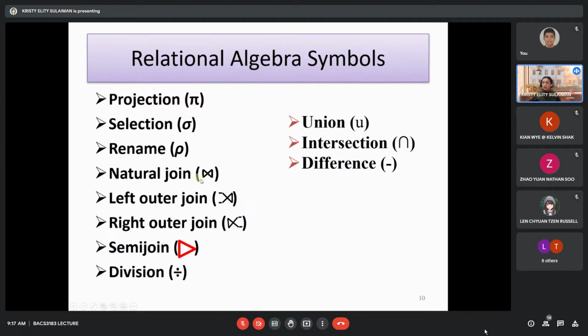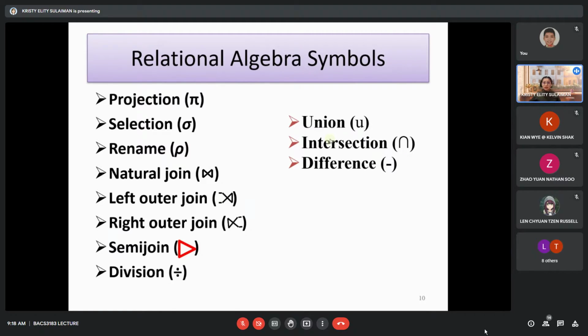Then natural join has this symbol, then left outer join, right outer join, semi-join, division, union, intersection, and difference. You need to be familiar with all of these symbols.